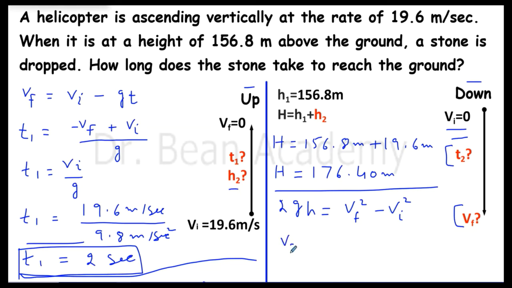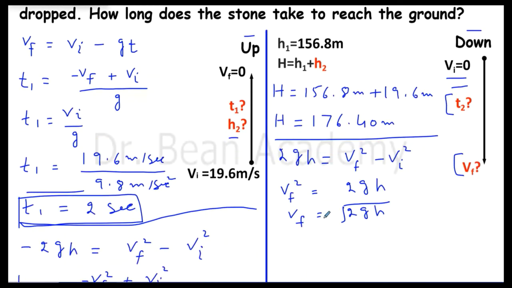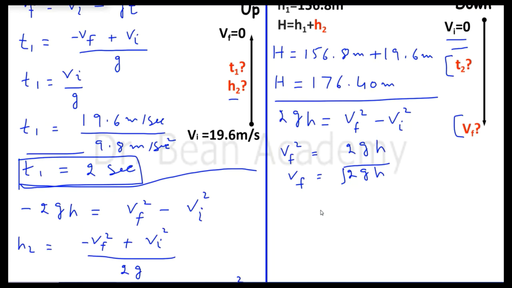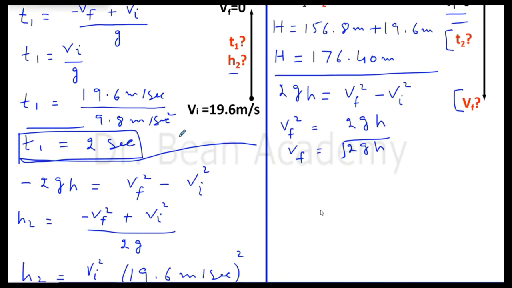So I can reverse the sides of the equation for convenience. So Vf squared is equal to 2gh, and Vf equals the square root of 2gh. So now it should be easy to calculate Vf.